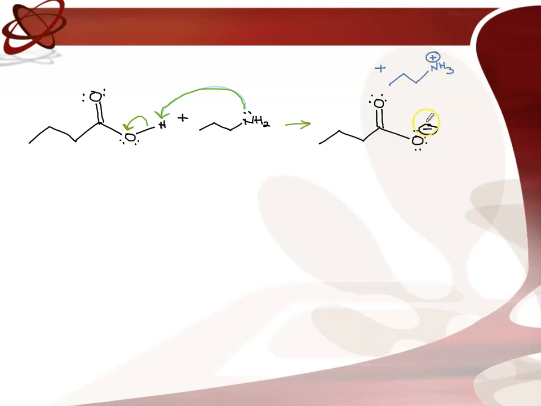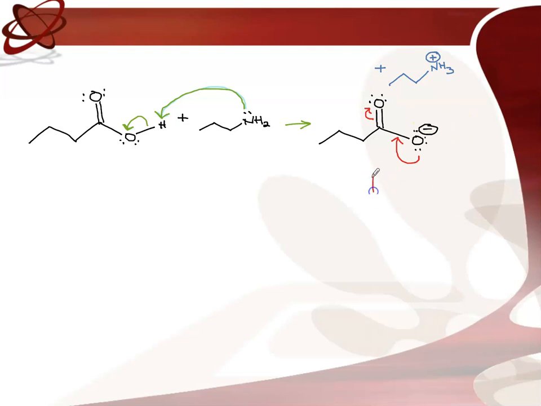But this oxygen down here, that's bearing this full formal negative charge, can actually share this negative charge with the other oxygen over here. And it's a pretty easy resonance process to see. Let's imagine we've got this lone pair here now being shared in a carbon-oxygen double bond, which would then require us to push these electrons out here.